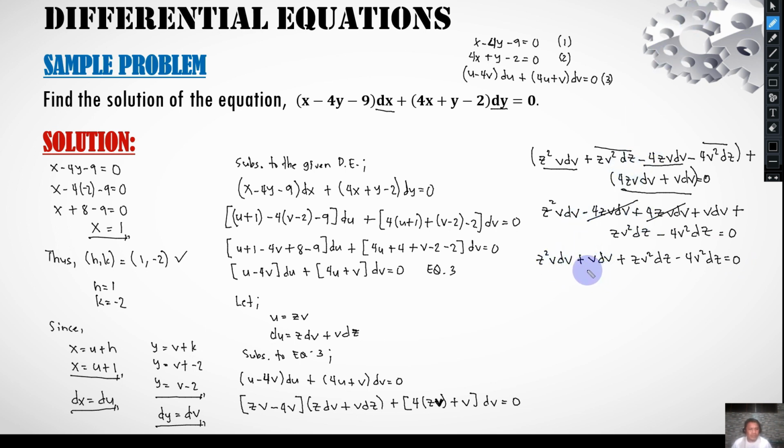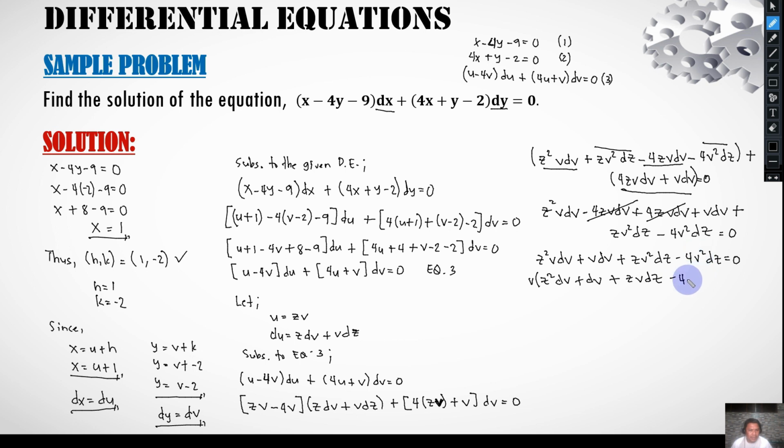So, as you can see, students, meron siyang common variable dito na v kada term. So, pwede nating ilabas actually yung v para masimplify siya. So, this would be z squared dv plus your dv, at saka itong isa plus, so magiging z at saka v na lang dz at saka itong isa minus 4.